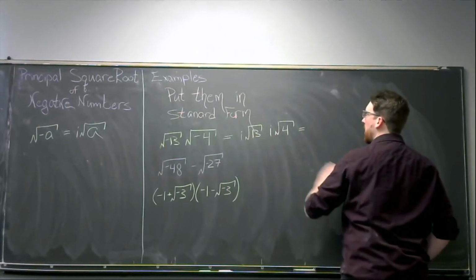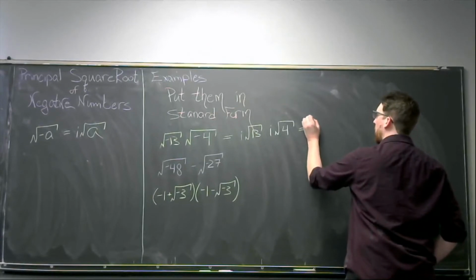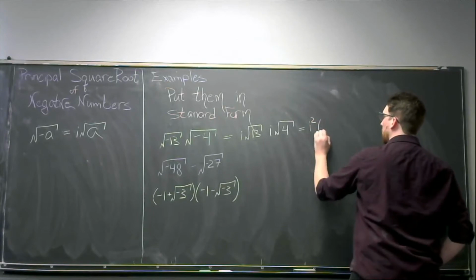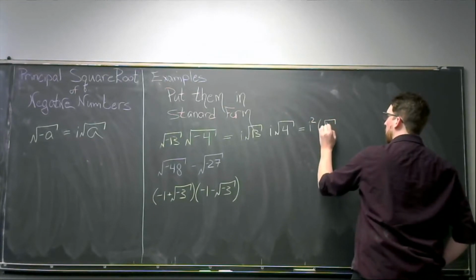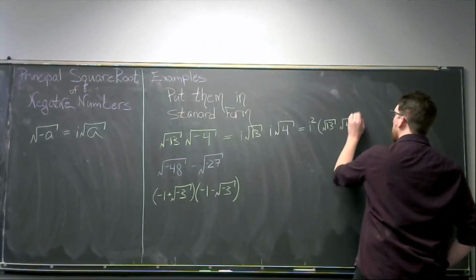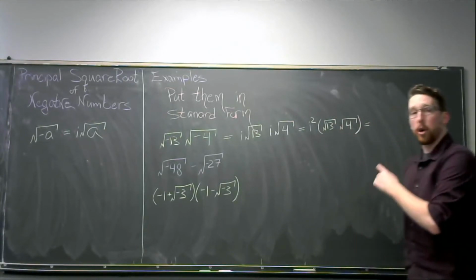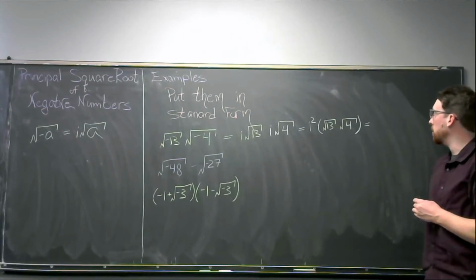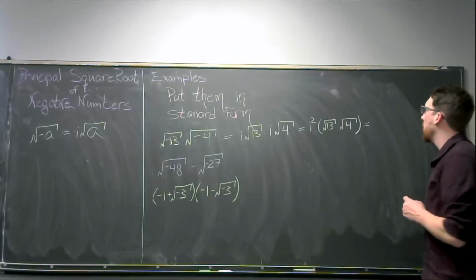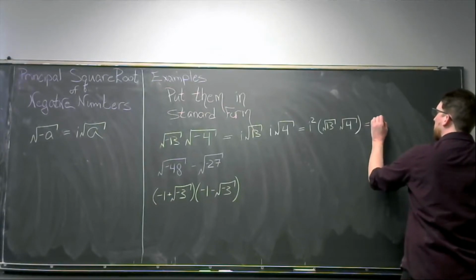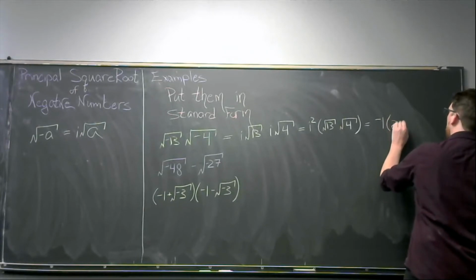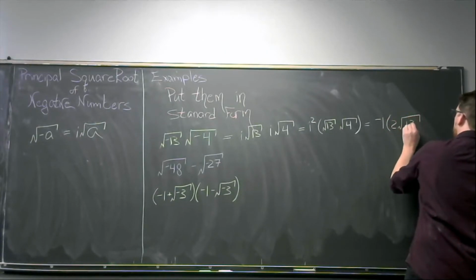Or we can bring those i's together; we're going to get i squared. We can bring these square roots together, square root of 13 times the square root of 4, under the same radical, or we can go ahead and reduce this 4. So this comes out to be -1 times 2 times the square root of 13.